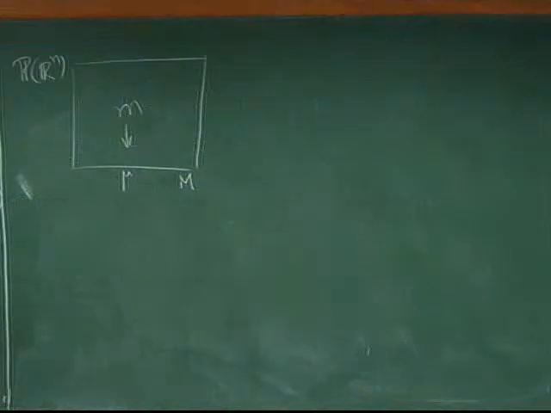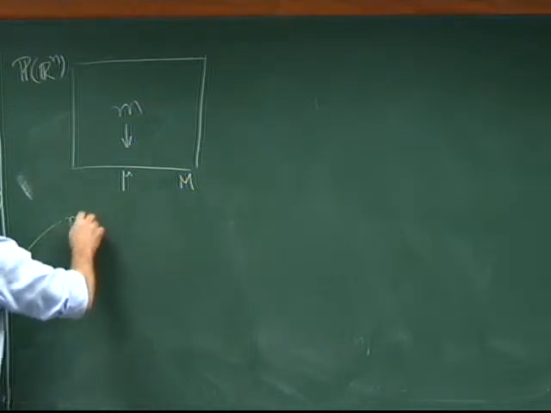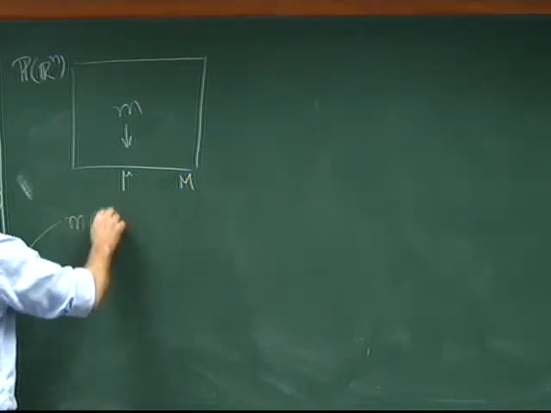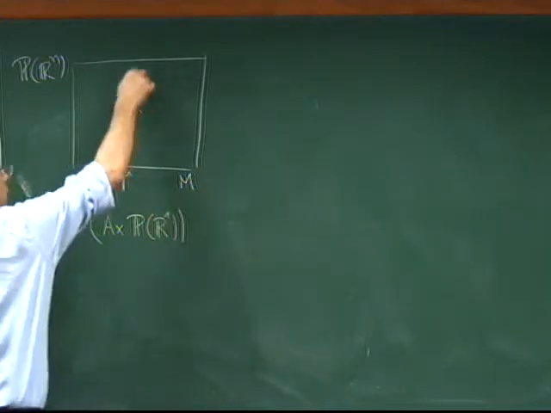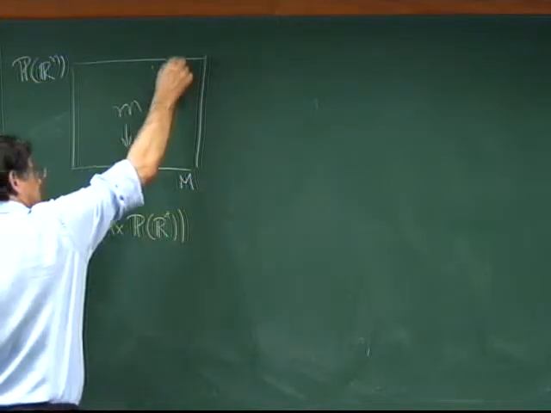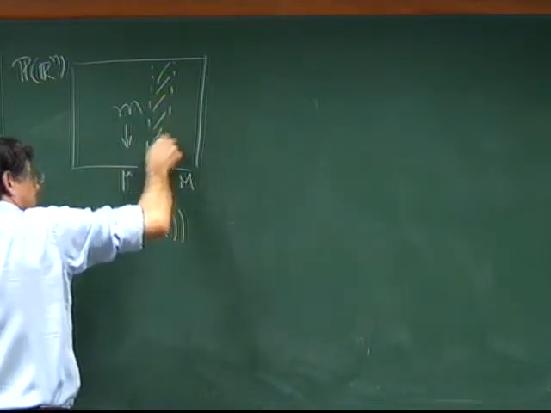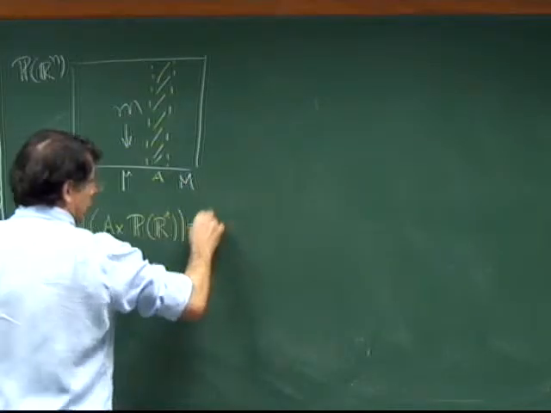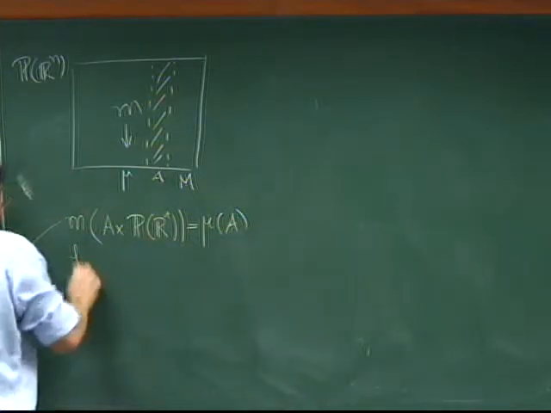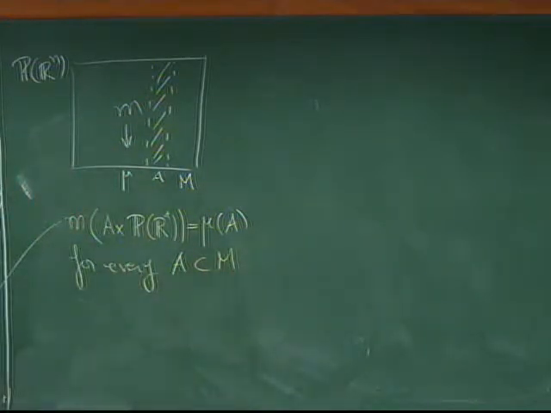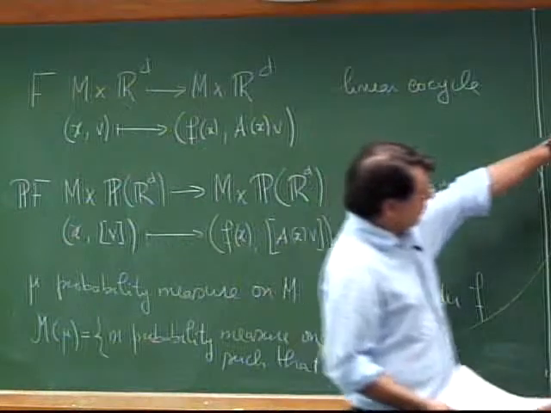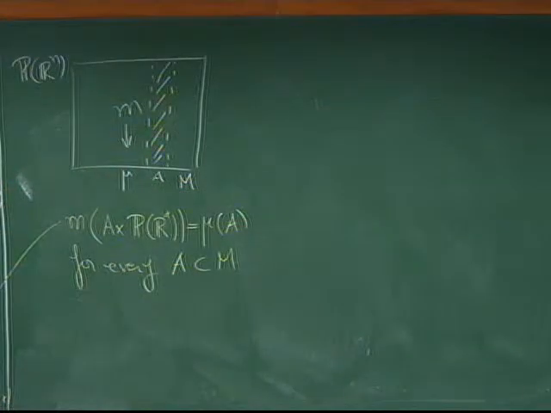More precisely, what this means is that the measure of A times projective space, the measure of any set in this form, is equal to mu of A for every measurable A. This is the space of measures in the product that project down to mu.